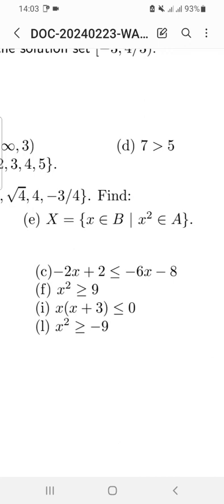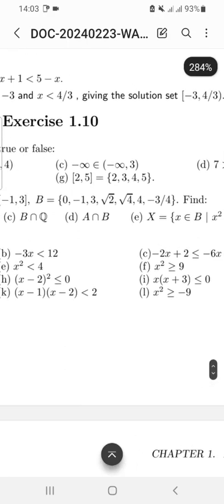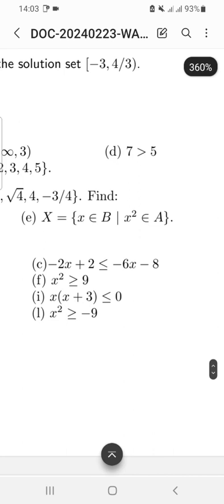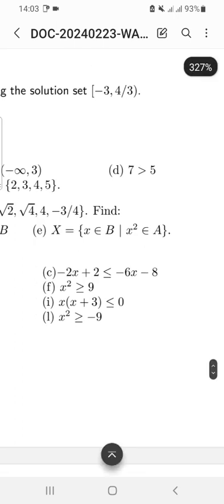So X is an element of B, and X squared is an element of A. Okay, so what this means is that X is an element of B such that X squared is an element of A. So choose one number from B, right?